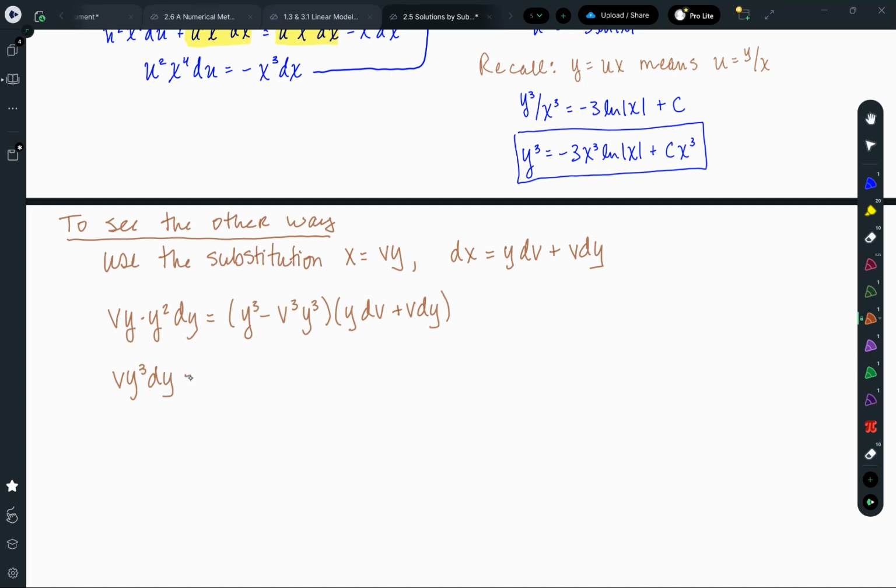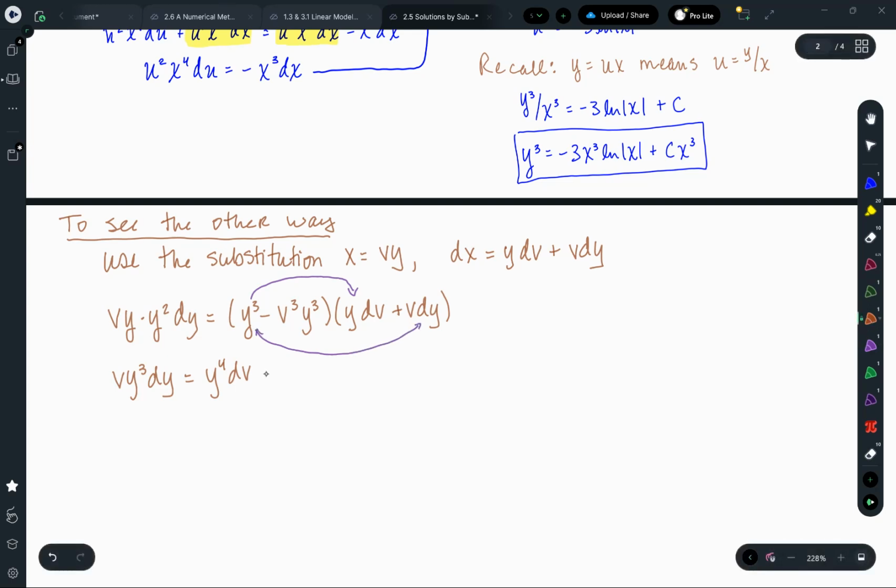On the right-hand side, if I use FOIL, I'm going to go firsts with firsts. And that gives me a y to the fourth dv. I'm going to do the outers.